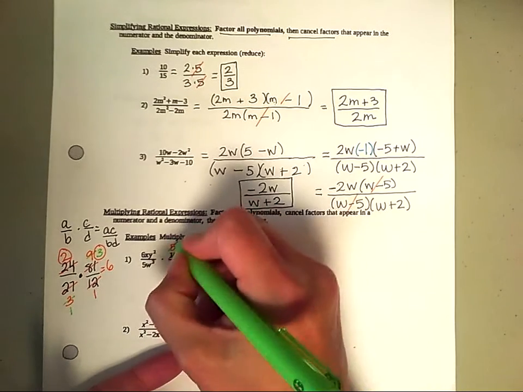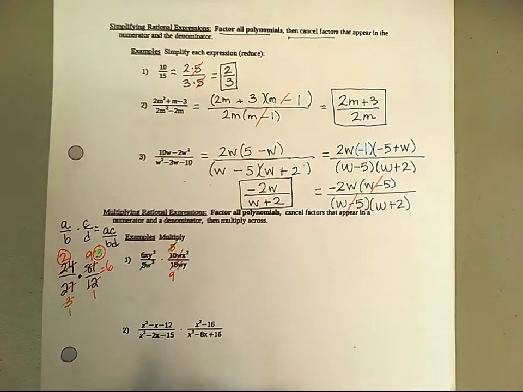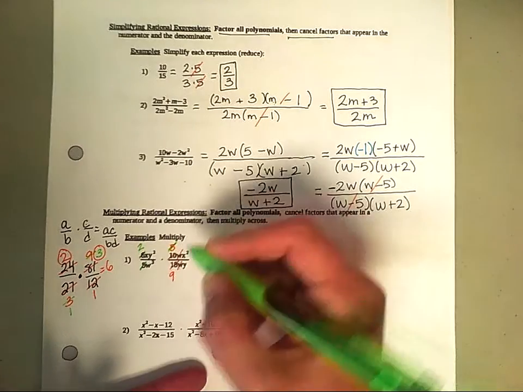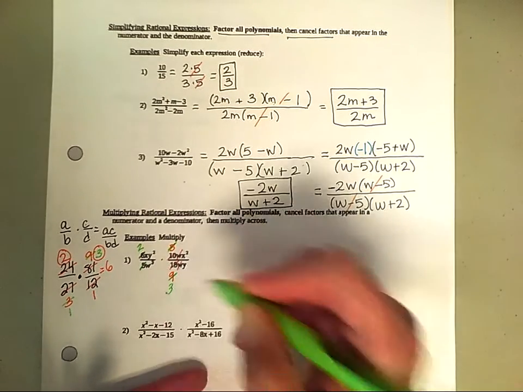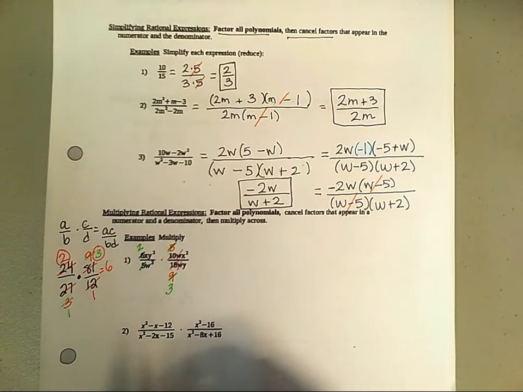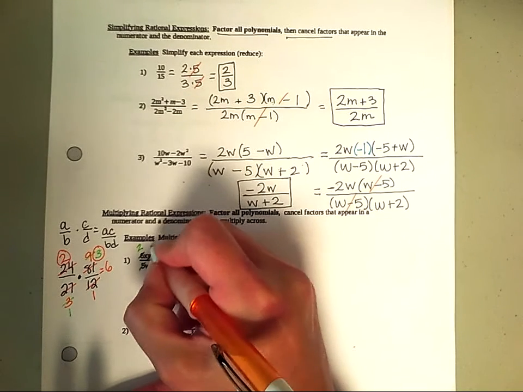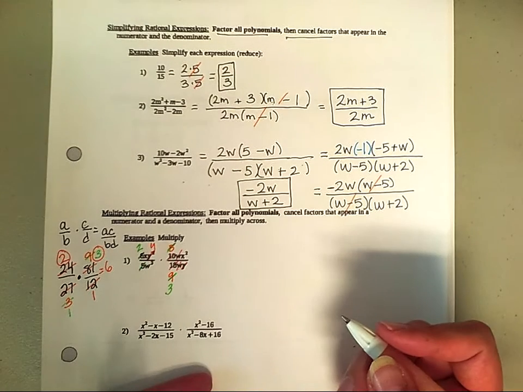There's some more canceling that can happen. This 5 can cancel with this 5. 3 goes into 6 2 times, and into 9 3 times. Also, if there's a single y here and 2 y's up top, we're left with a y.